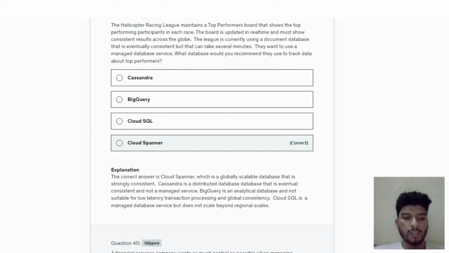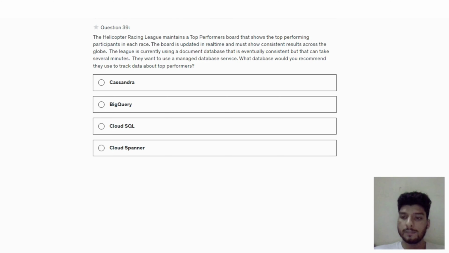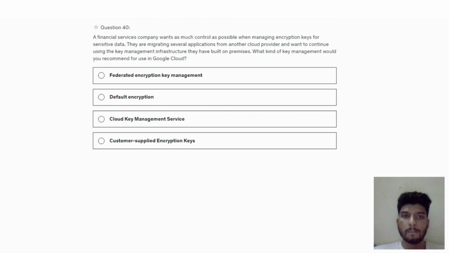So question number 40 is, a financial services company wants as much control as possible when managing encryption keys for sensitive data. They are migrating several applications from another cloud provider and want to continue using the key management infrastructure they have built on premises.